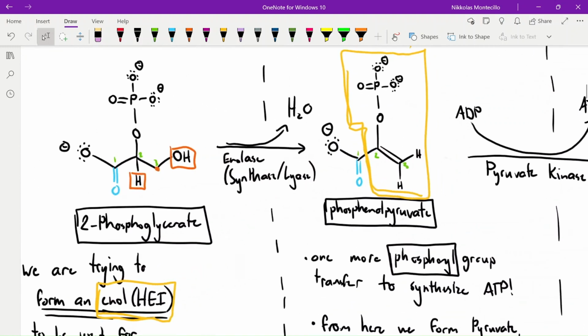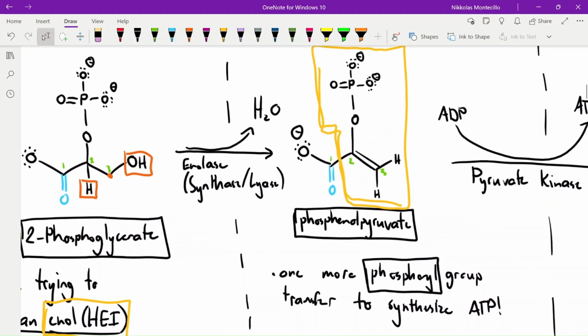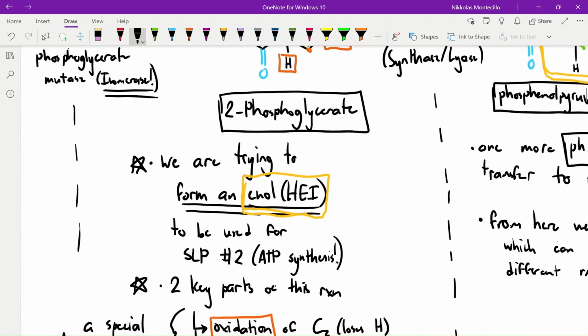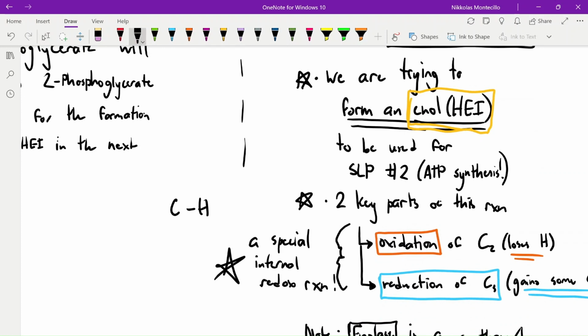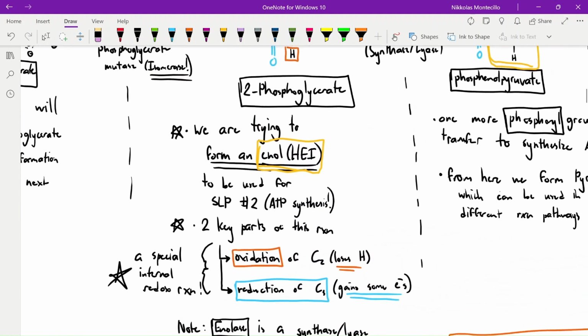So if you take a look here, because C2 lost its hydrogen and forms a double bond with carbon 3, it lost its electrons, right? It lost ownership of the electrons owned by hydrogen, even if the total number of electrons is still the same for carbon number 2. But carbon 3 gains electrons, right?